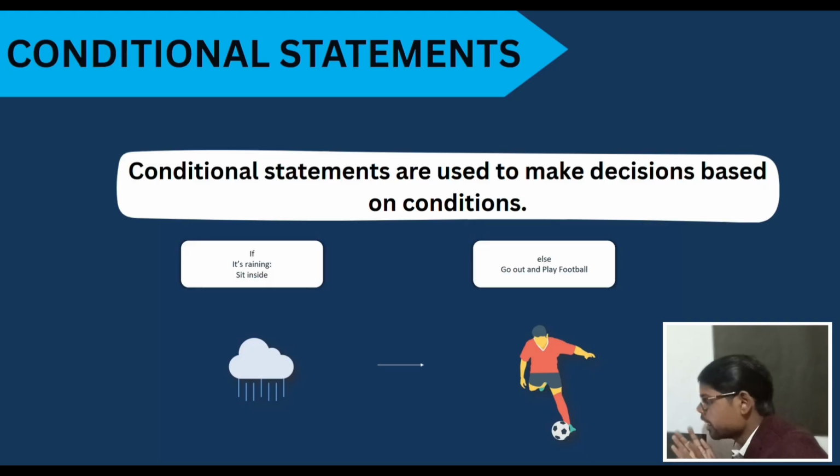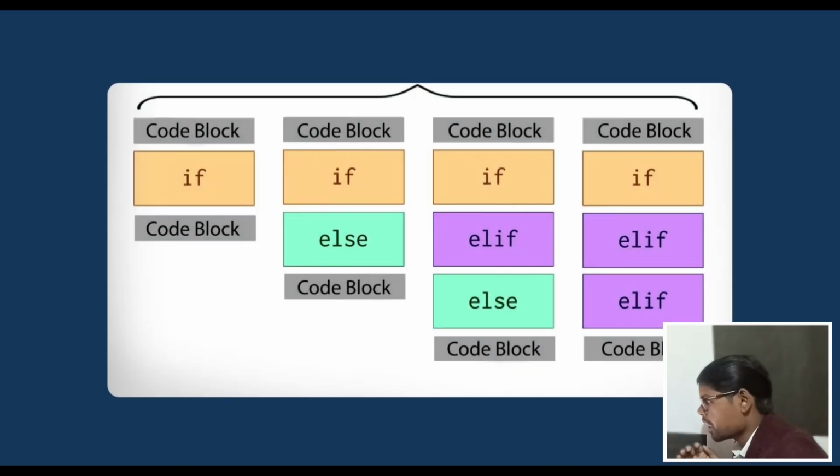A conditional statement is used to make a decision based on a condition. Like this: if it rains, sit inside, but else go out and play football. It contains some types: if, if else, if elif else, and if elif elif else.